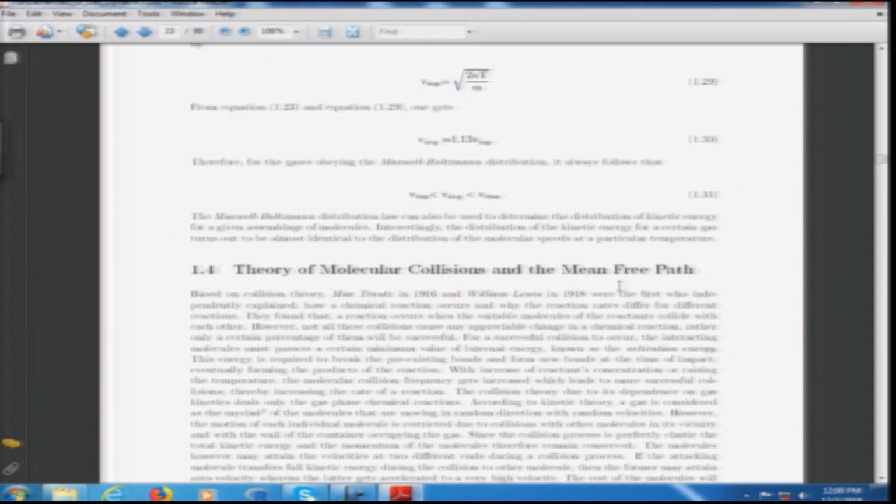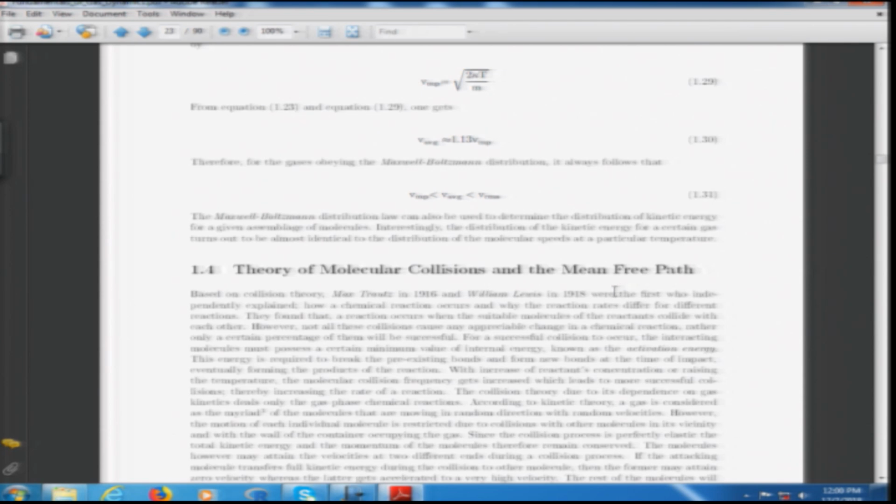Now, let us recap, having a quick review of what we postulated about gas kinetics, and then we will move on, because our next topic of discussion is the theory of molecular collisions and mean free path. Let us define what the mean free path is.